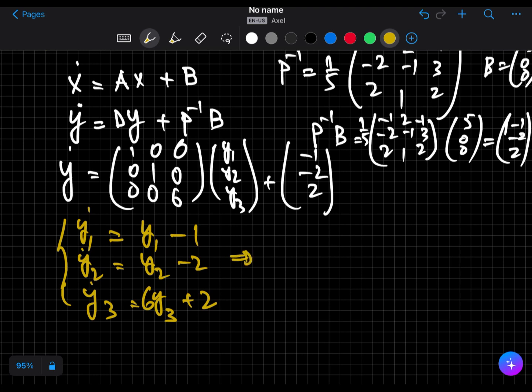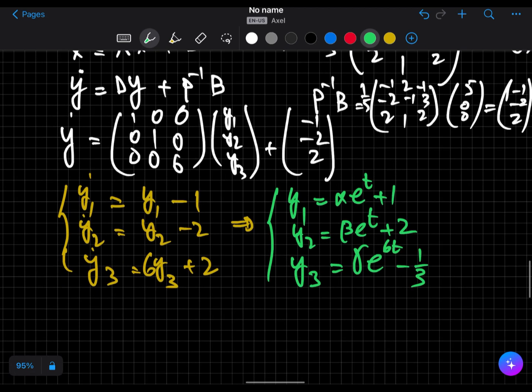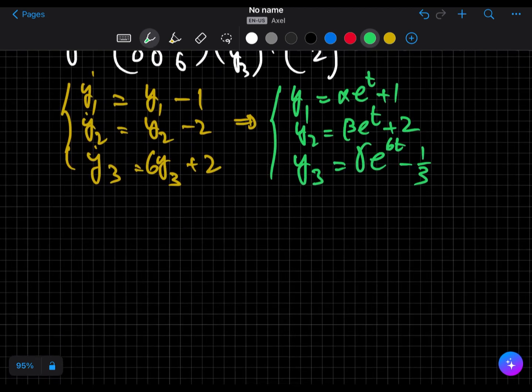We can solve this easily by first finding the homogeneous solution, then finding the particular solution, and then summing them together. If you do that, y1 will be equal to alpha e^t plus 1, y2 is beta e^t plus 2, and y3 equals gamma e^6t minus 1 over 3. If you have this, then we can finally have x, since we know that x equals Py.